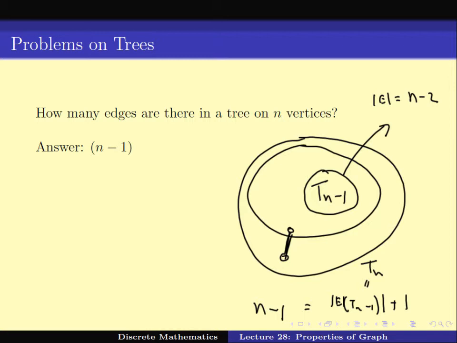We have used the property that a tree has a leaf, or a degree 1 vertex, and also that if you remove the leaf from the tree, you get a tree on a smaller number of vertices. Then we apply the induction hypothesis to get the answer that the number of edges in a tree on n vertices is n minus 1.